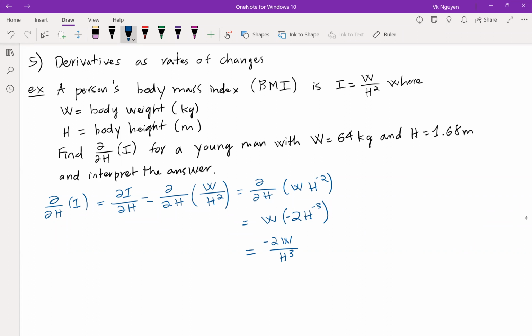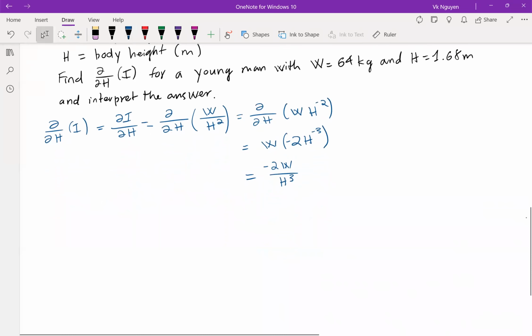Next, we want to figure out exactly what is going on when W equals 64 kilograms and H equals 1.8 meters.